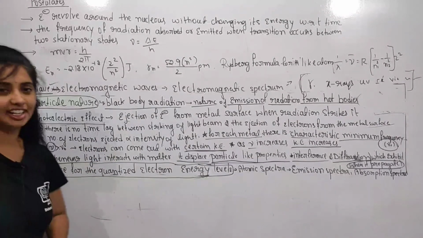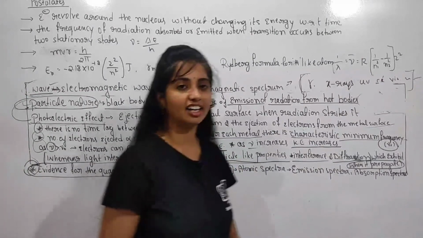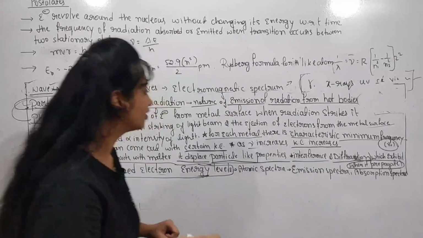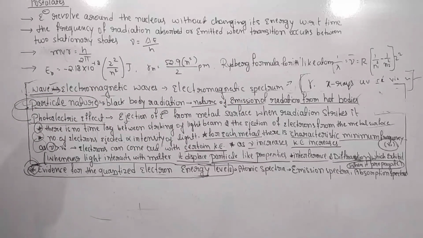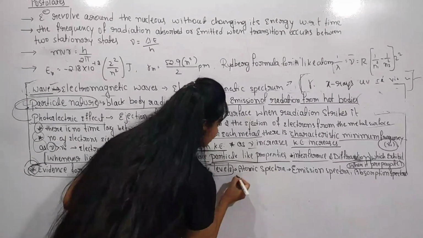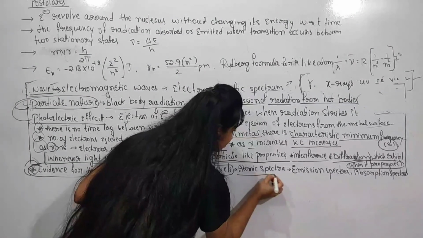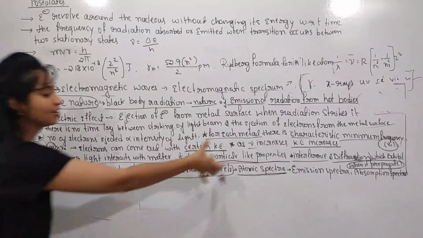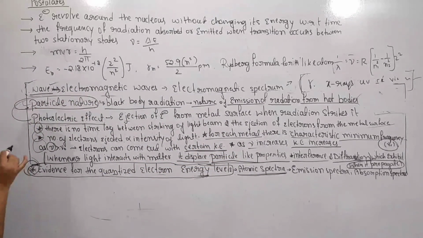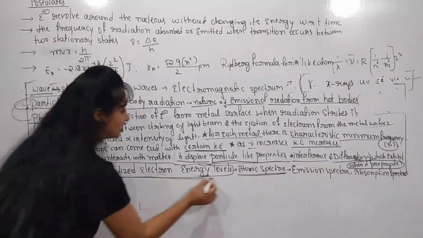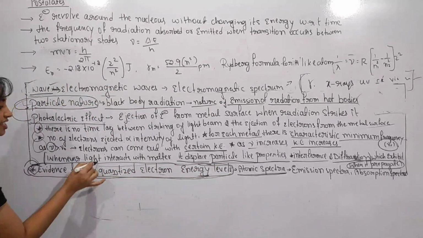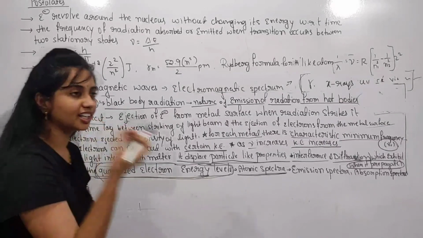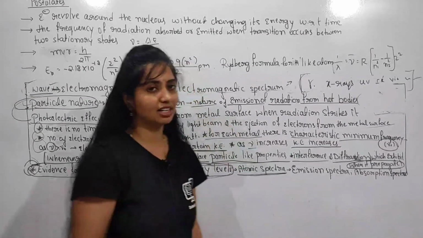Then Bohr studied thoroughly the hydrogen line spectrum. Before we move to the hydrogen line spectrum, we should know about the atomic spectra here. This atomic spectra gives us the evidence for the quantized electron energy levels. Quantized means only some particular values are available to us.